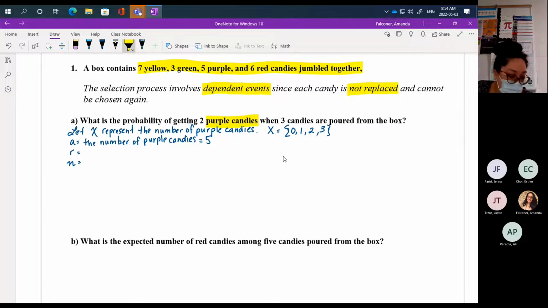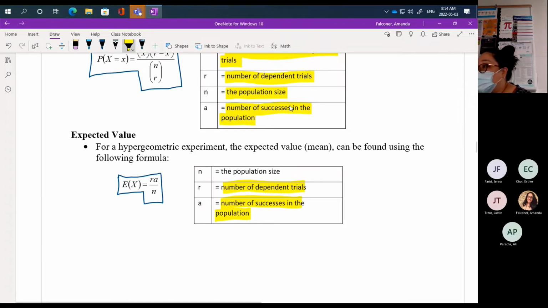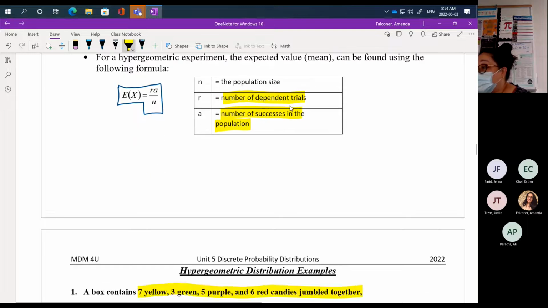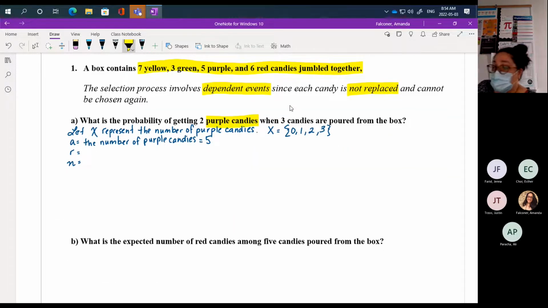R represents the number of dependent trials. So R is really the number of candies poured from the box. And I'm just going to write a little hashtag symbol for a number. So the number of opportunities for success, I'm going to write first.